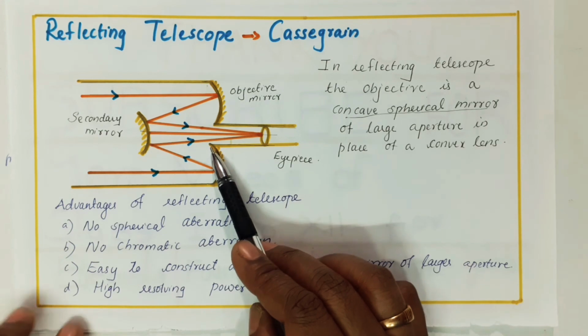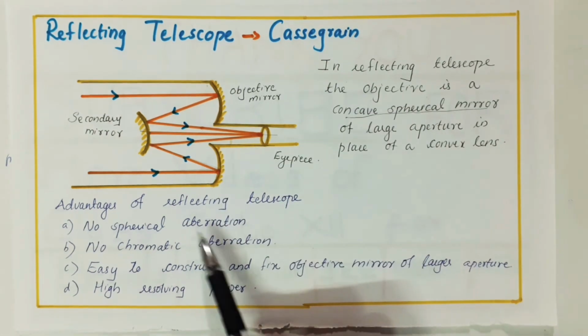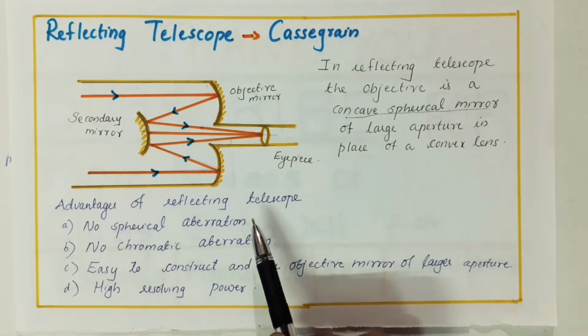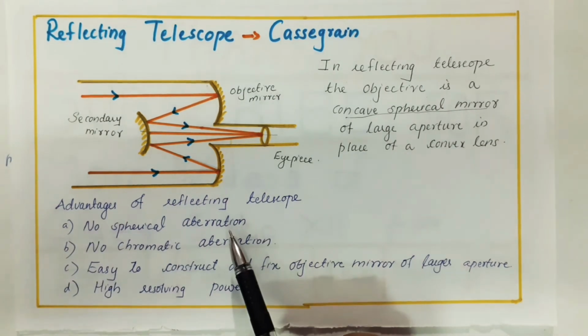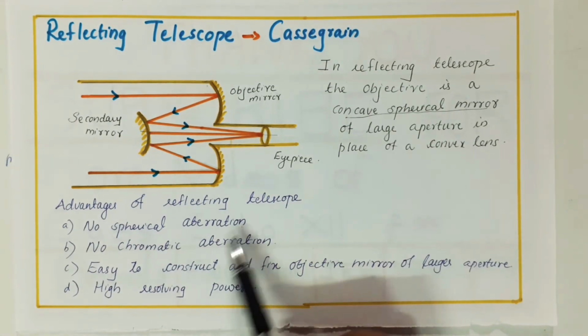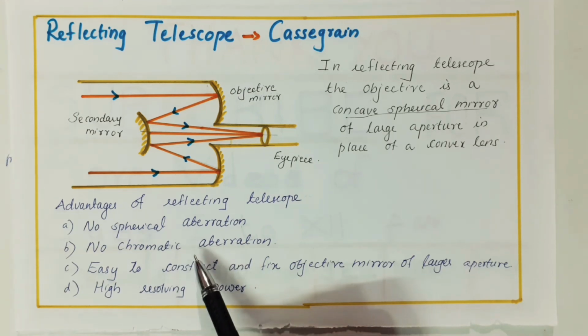If you use this telescope, the advantages are that there is no spherical aberration, because in a lens, due to the difference in sphericity, there will be some defect, called spherical aberration. If you use a mirror, there is no spherical aberration. No chromatic aberration: in a lens, due to the difference in the wavelength of the light, there are also defects, called chromatic aberration.